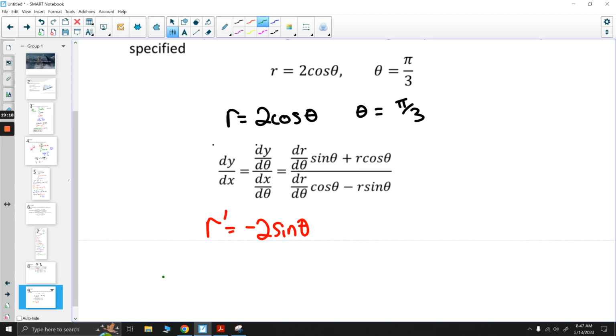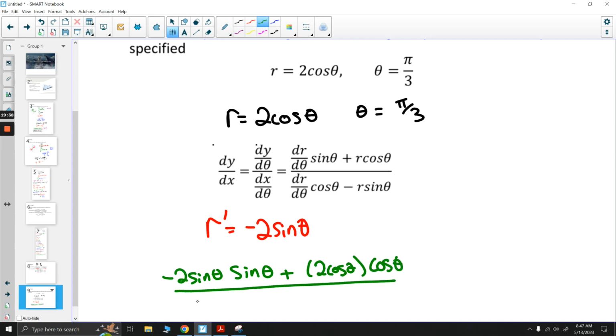So we have negative 2 sine theta times sine theta plus r, which in our case is 2 cosine theta, times cosine theta. And this is all over negative 2 sine theta times cosine theta minus r, which is again 2 cosine theta, times sine theta.